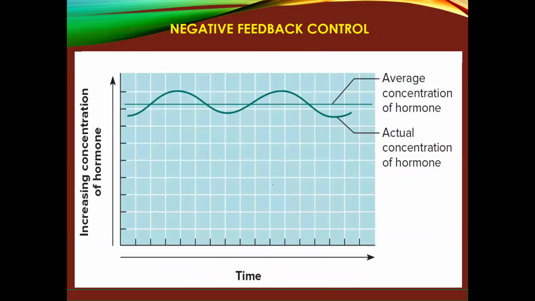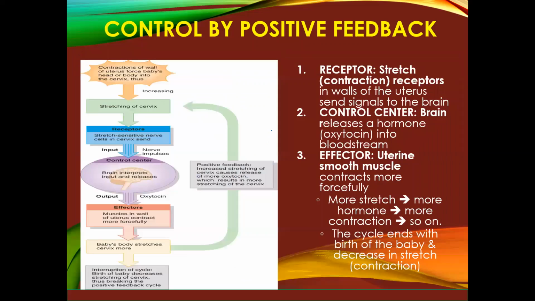The second feedback system is the positive feedback system. This is rare. The famous example is during labor. So when the mother is ready to give birth, then the uterus will contract.